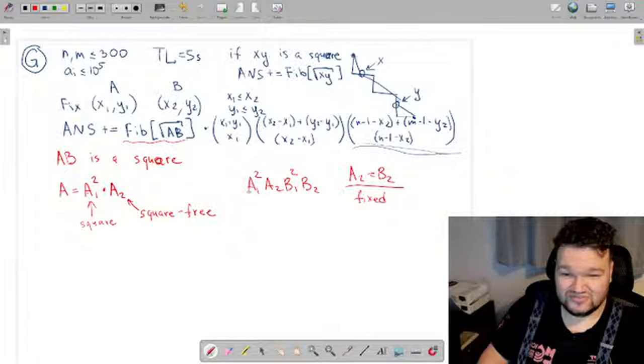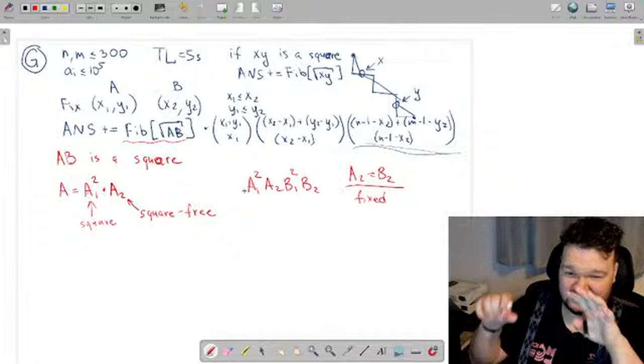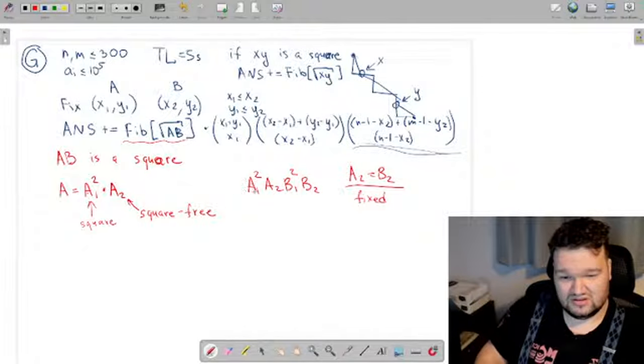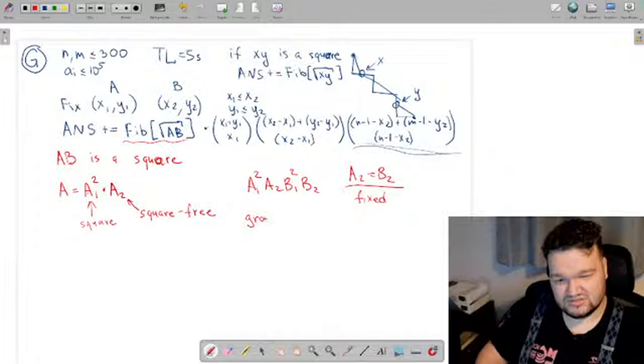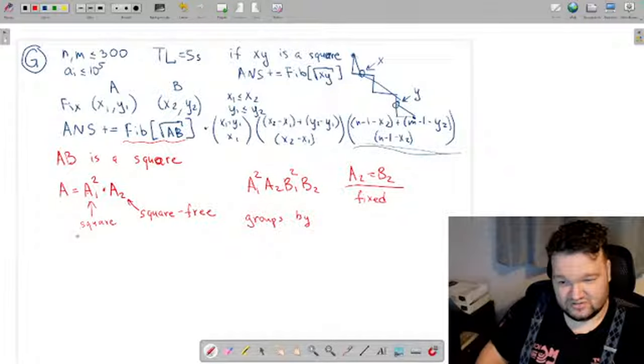So we kind of still need to, so we have those groups. So this is now fixed, and we have groups by square part.